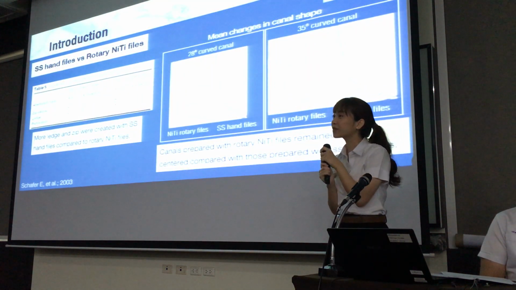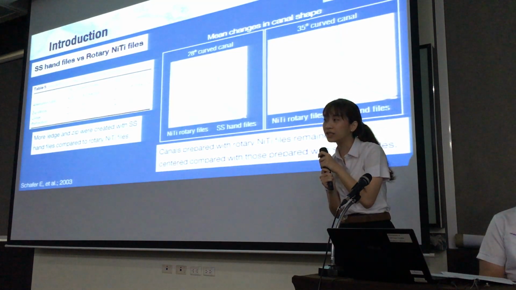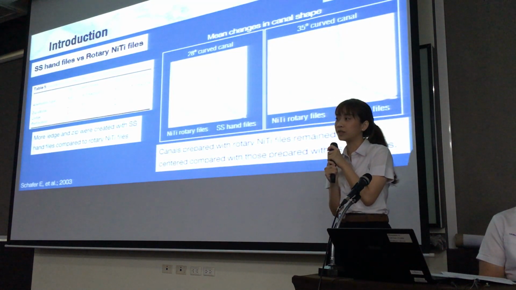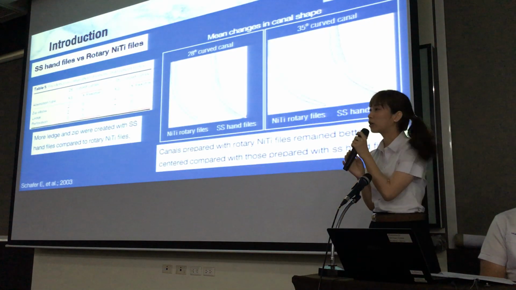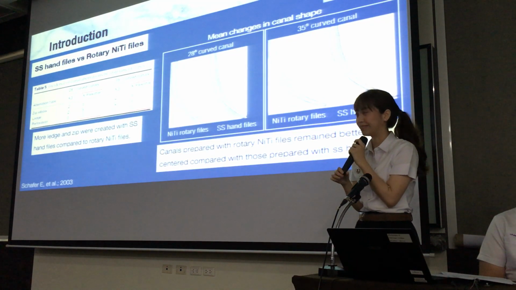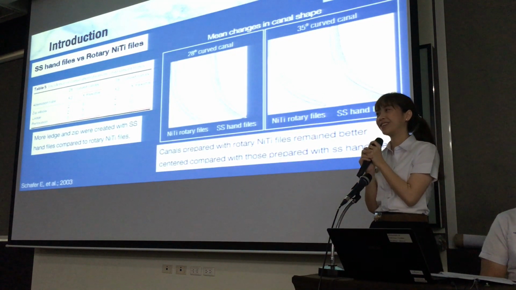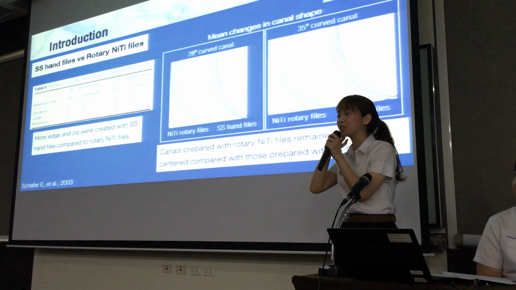And I would propose it not only for this, but for nickel-titanium rotary files in general. Can it be used for root canal treatment? Yes. In root canal treatment, we have to do the coronal flare first.